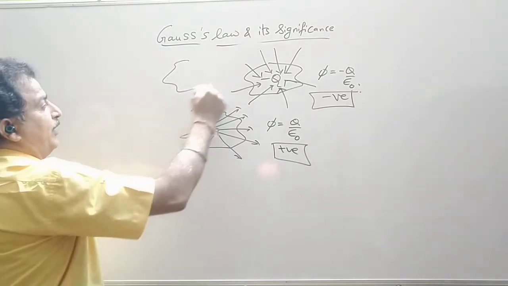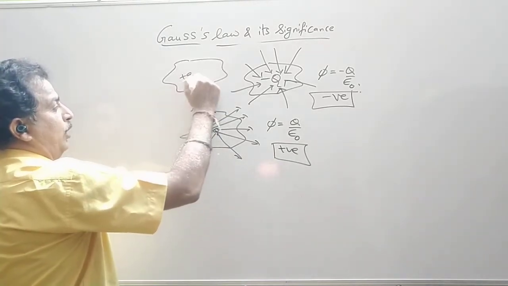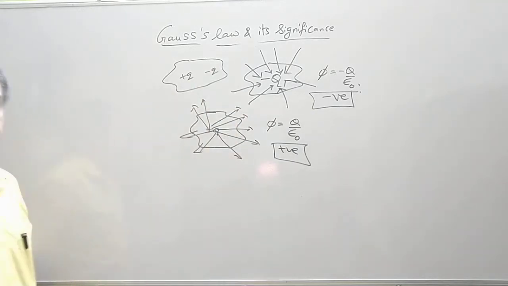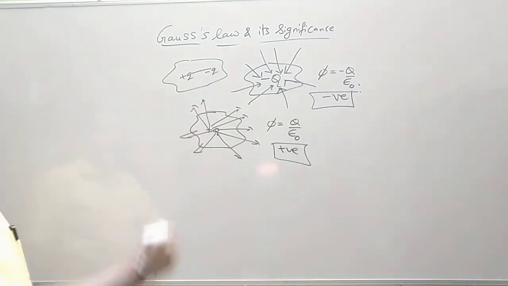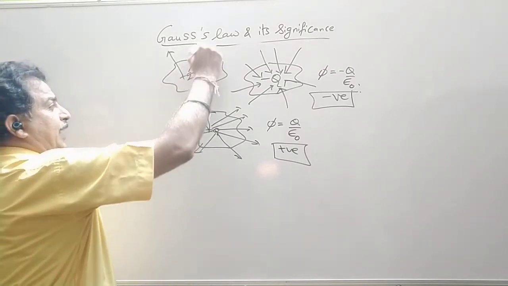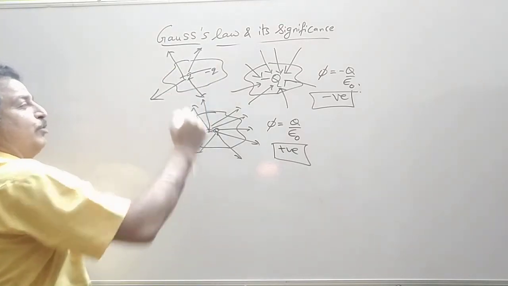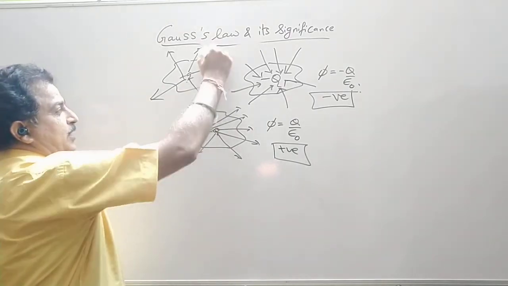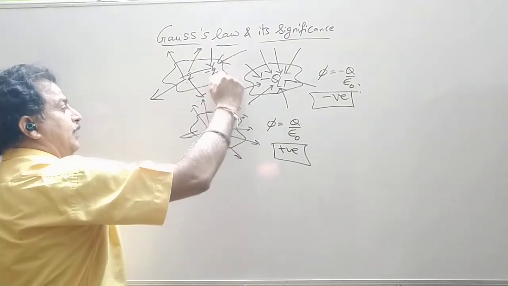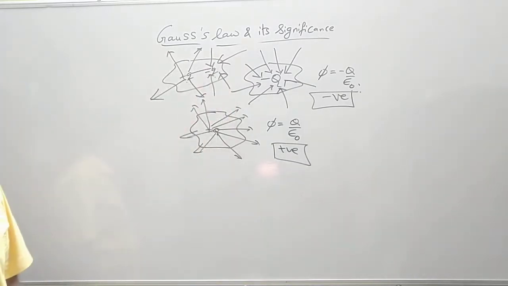In a closed surface, if I take a dipole, say plus q minus q, like NaCl, now if, for example, 4 field lines emerge from it, then since the magnitudes of the charges are equal, 4 field lines will be radially inward.